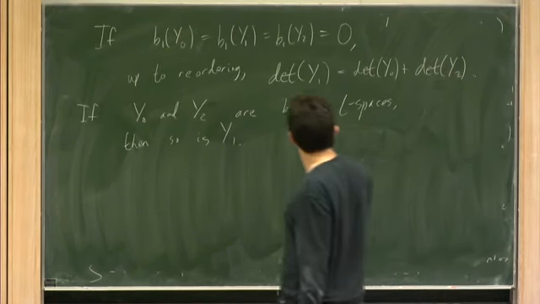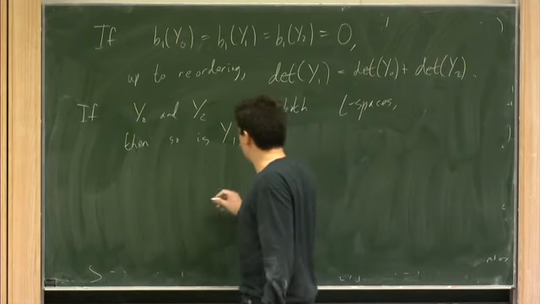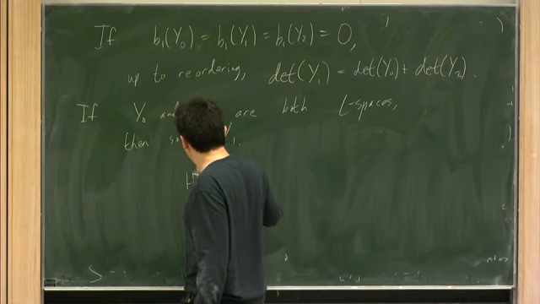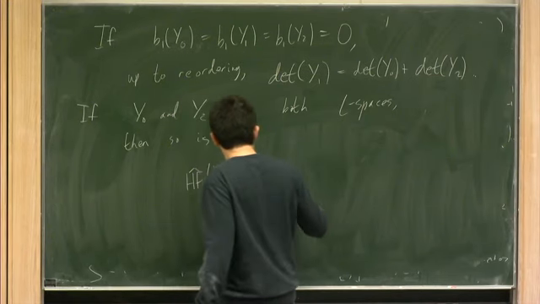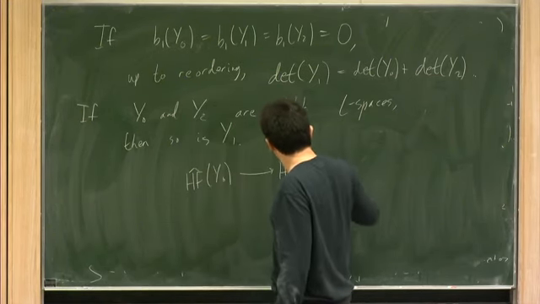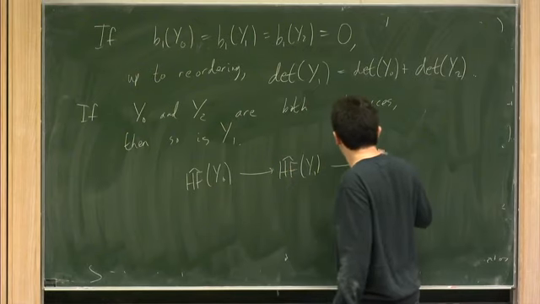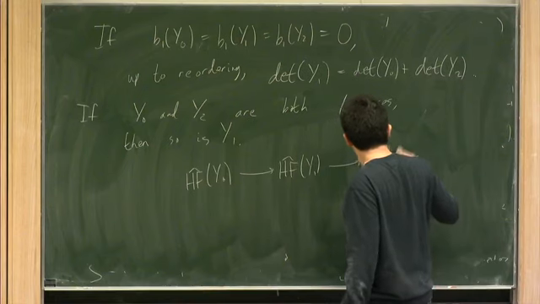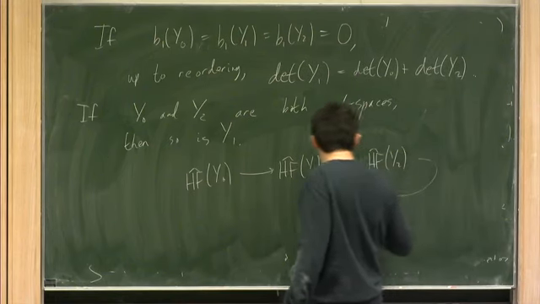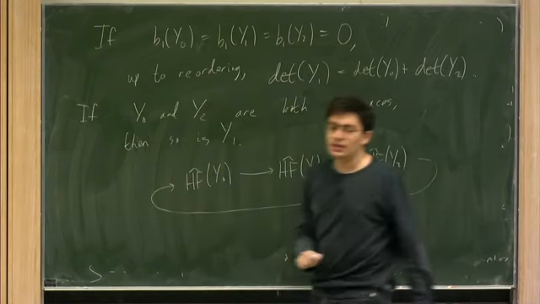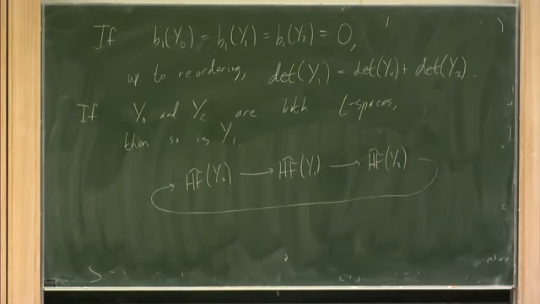So why is this true? Well, let's think about it for a second. If I look at HF hat of y0 mapping to HF hat of y1 mapping to HF hat of y2, and then there's this connecting map that goes around.